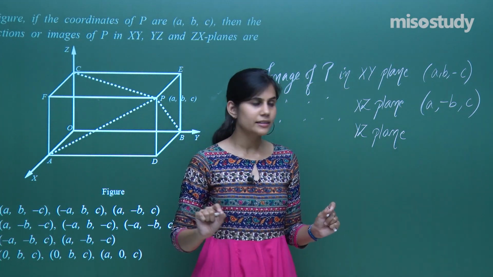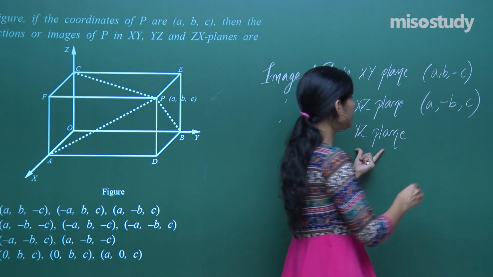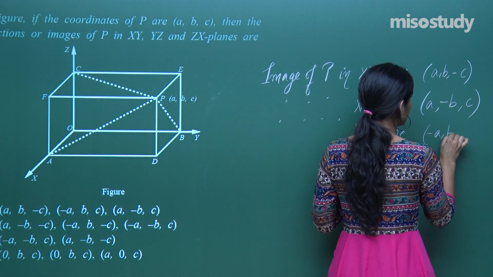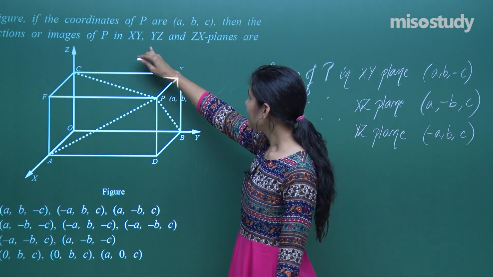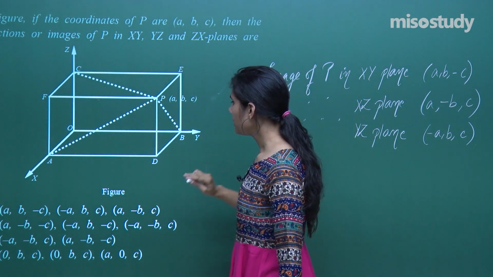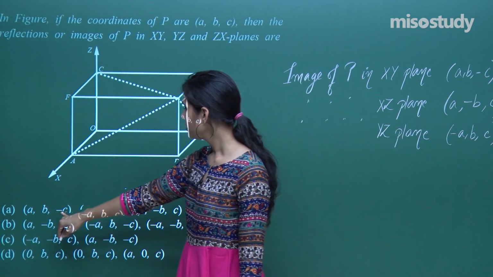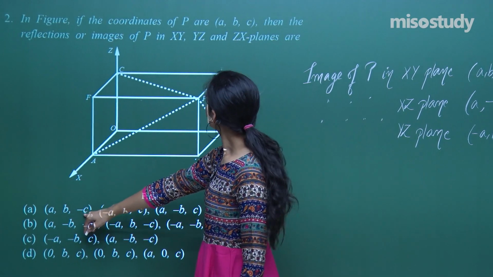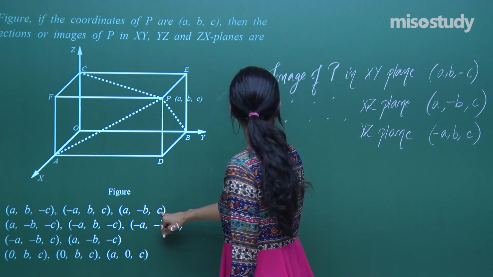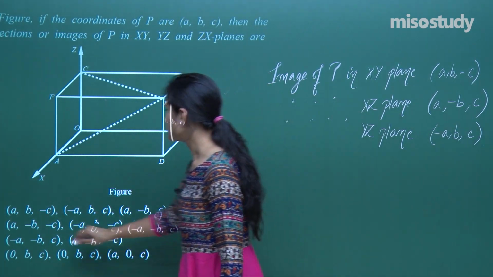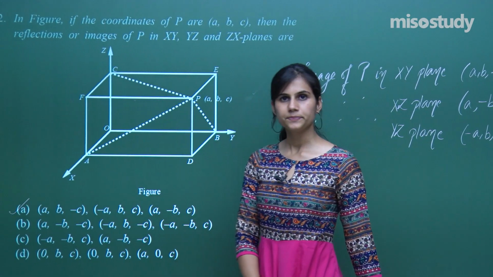So along the YZ plane it will be minus A, B, C. Okay, so along the XY plane we are getting A, B, minus C, then along the YZ plane we are getting minus A, B, C, and along the XZ plane we are getting A, minus B, C. This is the correct option.